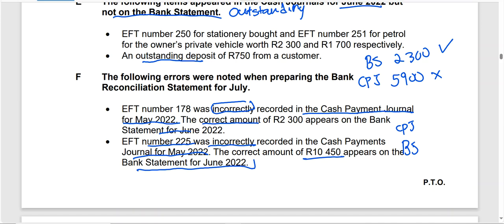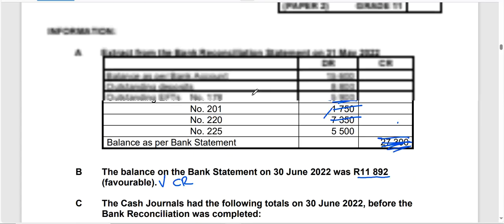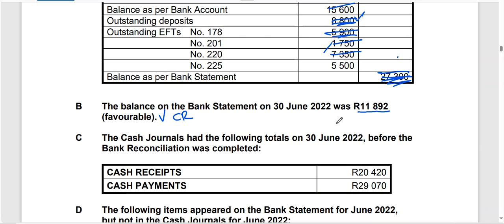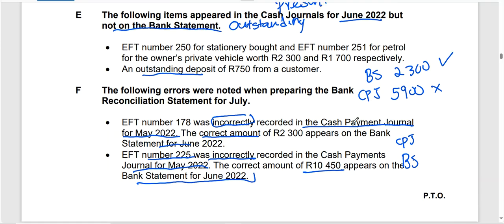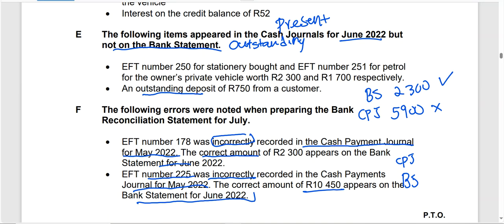They are saying that our CPJ shows that the amount is 5,500. So that 5,500 is recorded in our CPJ.